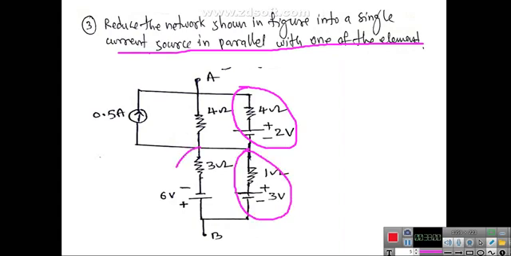So what is this current source here? V divided by R. What is your current I? I is equal to V by R. V is 2, R is 4, so its value is 0.5 ampere.